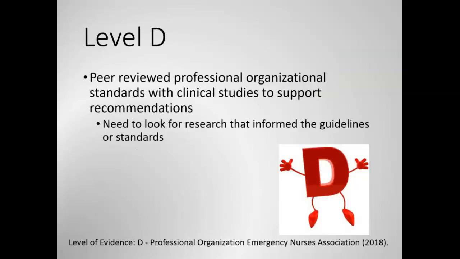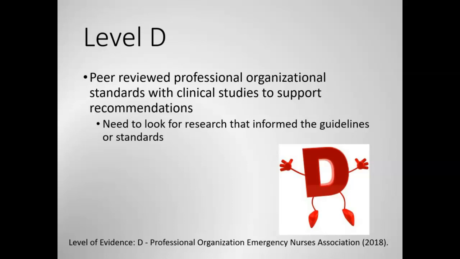C's are still high. Level D, when we get to level D or lower, those are the lower ends of evidence, but they're still very valuable. So level D is peer-reviewed professional organization standards with clinical studies to support recommendations. So that could be the Emergency Nurses Association's professional organization standards.